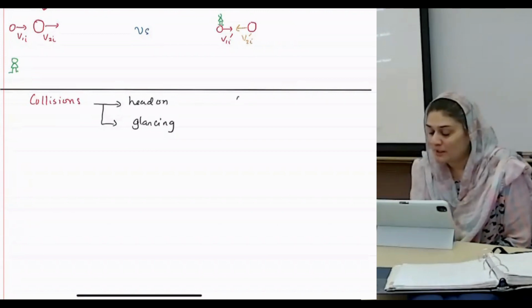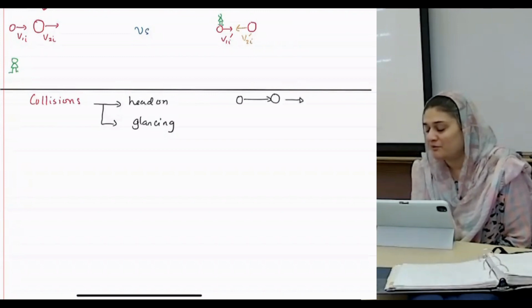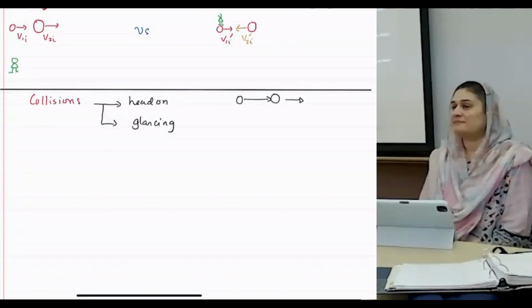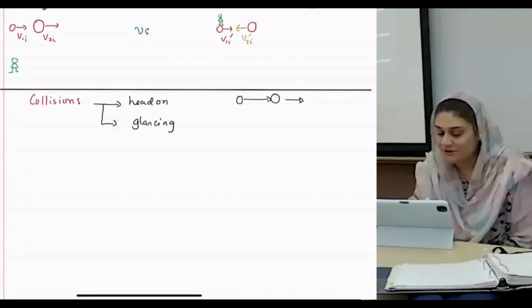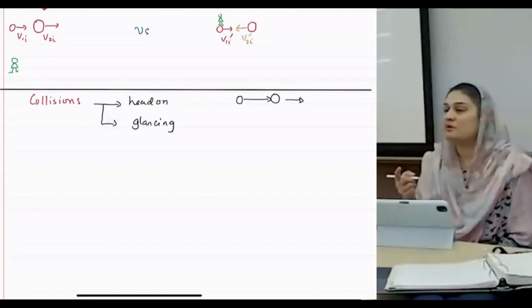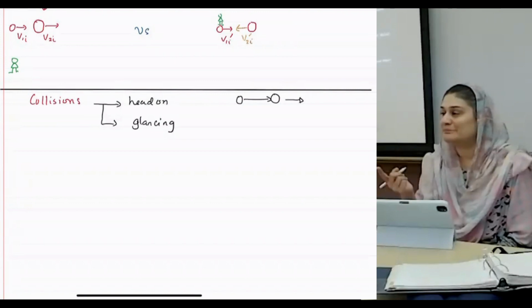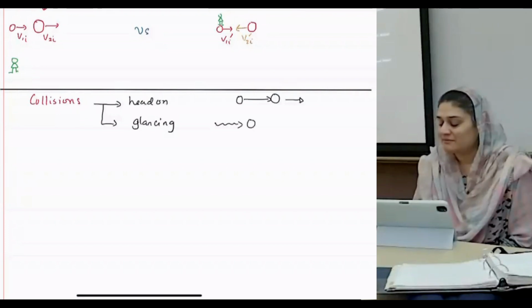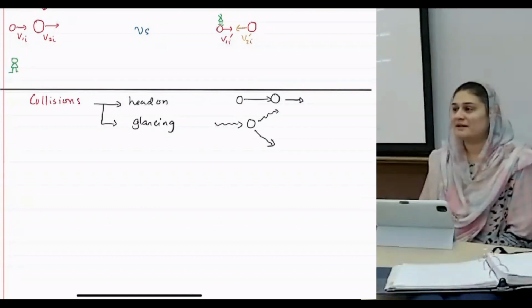So if you have one mass and it hits another mass and they both move in the same direction. Whereas glancing collisions are collisions that are either in 2D or 3D. So for example, Compton's effect. People who've done Compton effect, what did they look like? Something came in, hit something, and they both moved away like that. Do you remember quantum effect doing that?